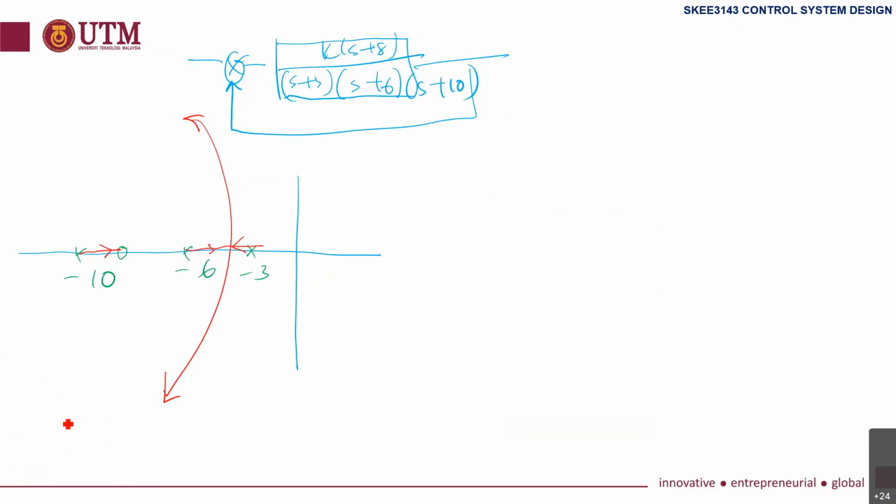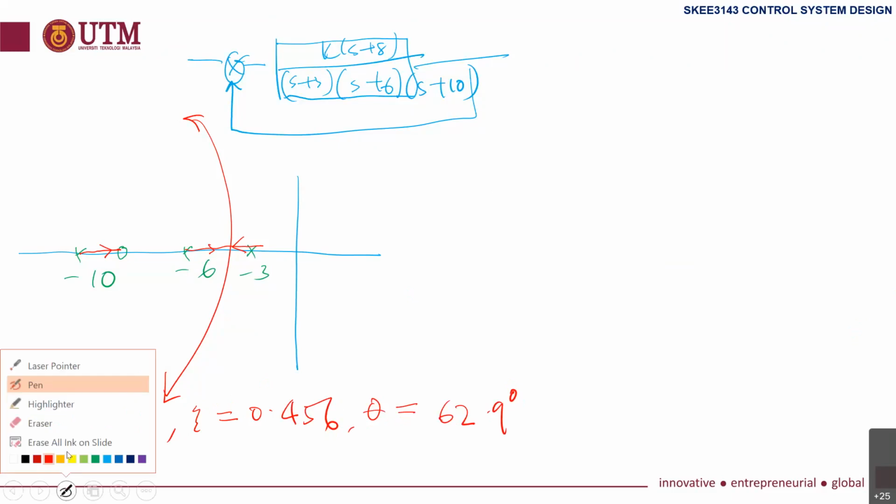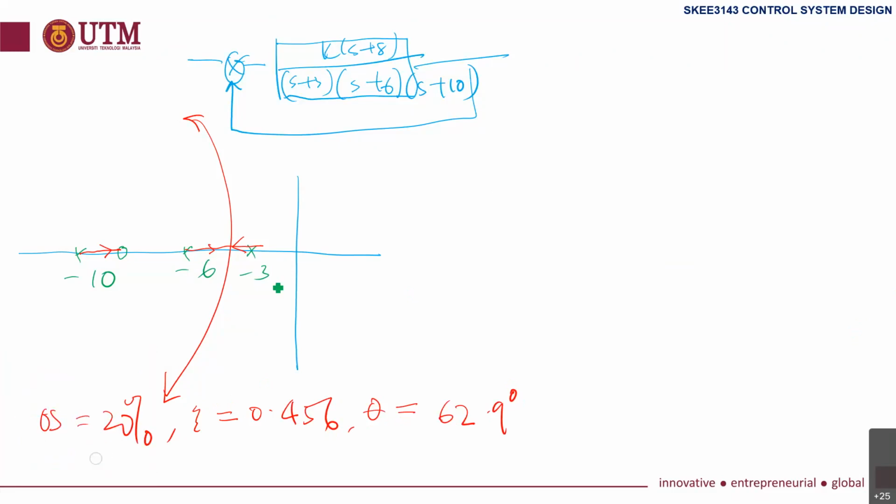We want 20% overshoot. We can calculate zeta; you get 0.456, and you can also use the graph. The angle is 62.9 degrees. So we make the angle 62.9 degrees. We will get the original closed loop pole.